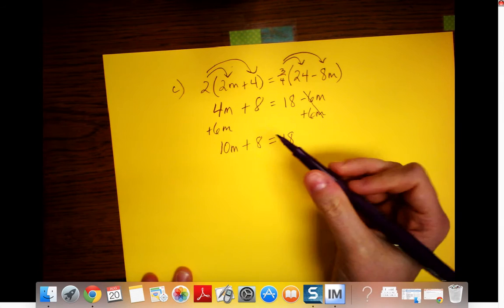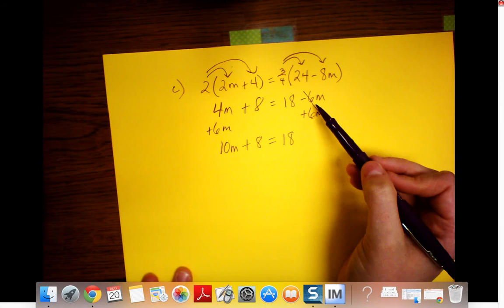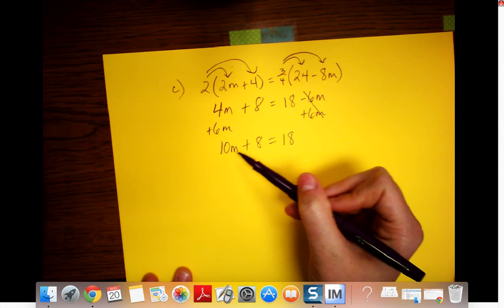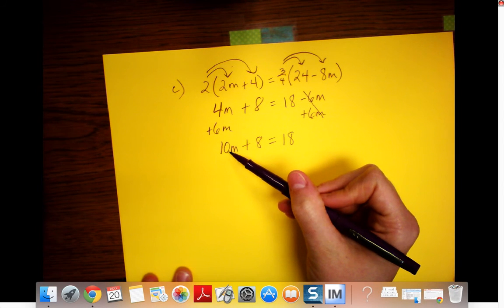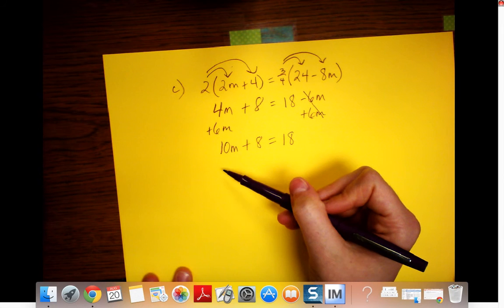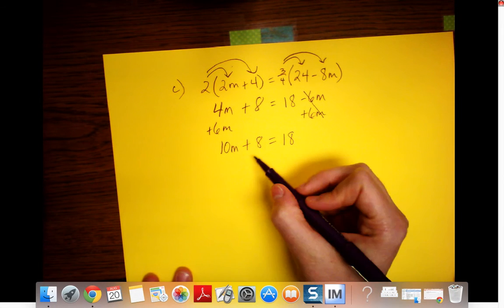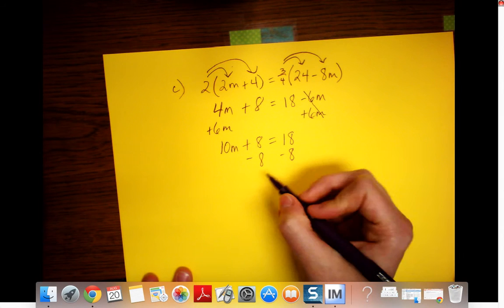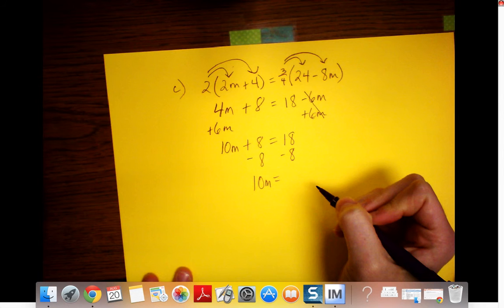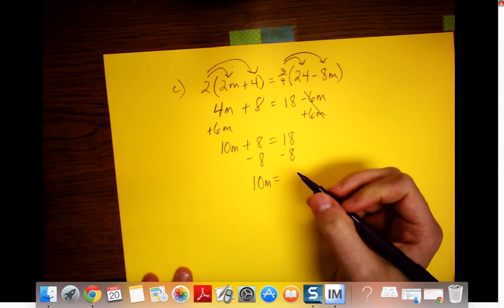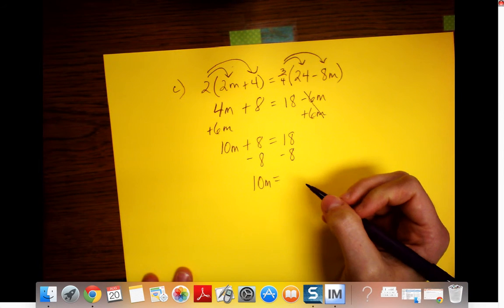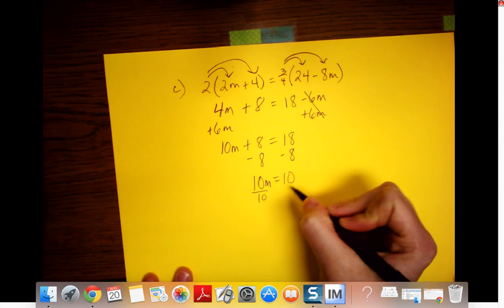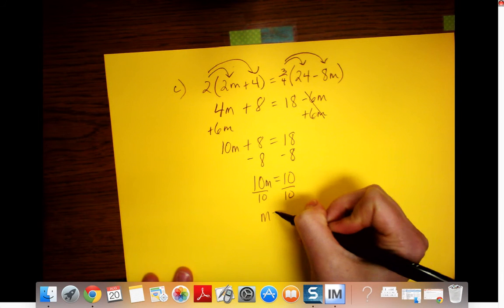If I had subtracted 4m on both sides first, I would have gotten a negative 10m. And since we'll have to divide by 10 at the very end to isolate m, sometimes people will either forget that sign, or sometimes people just don't bring it down, and so that would be an incorrect answer, even though it's just a sign. So 18 minus 8 is 10. M equals 1.